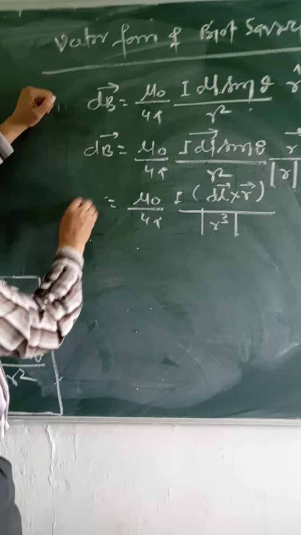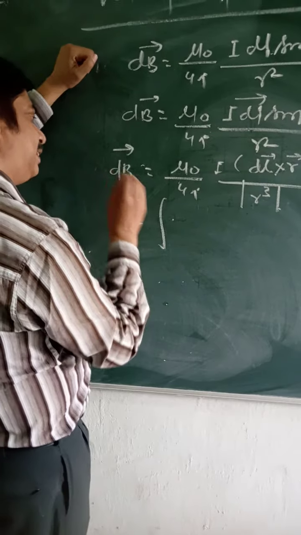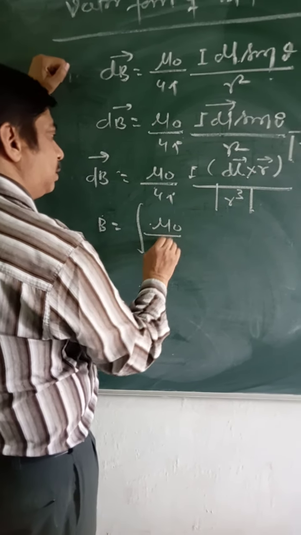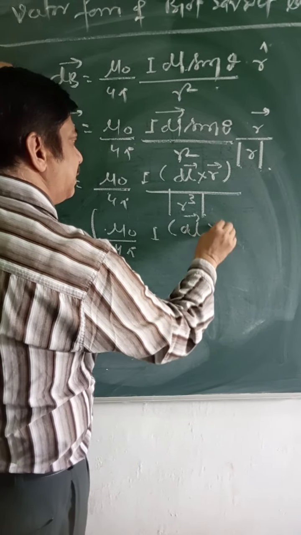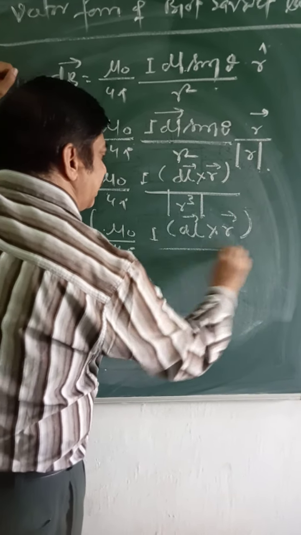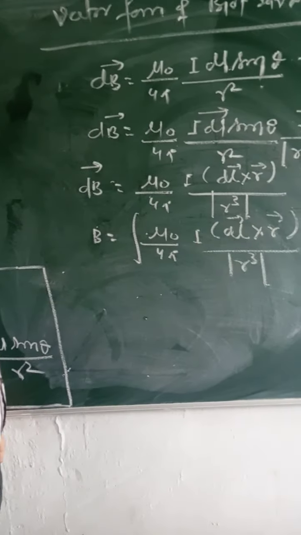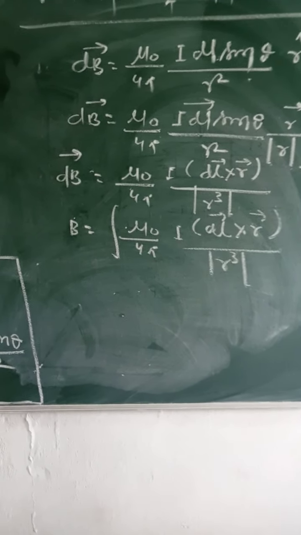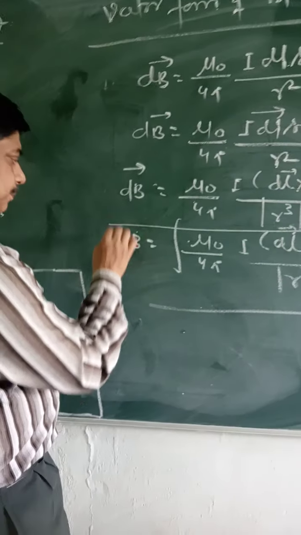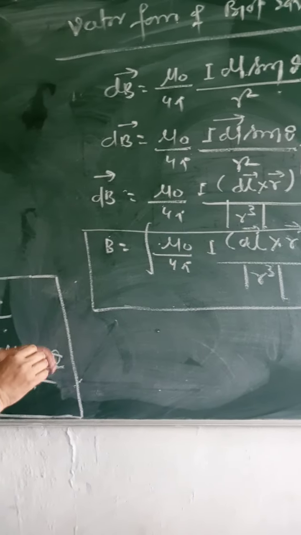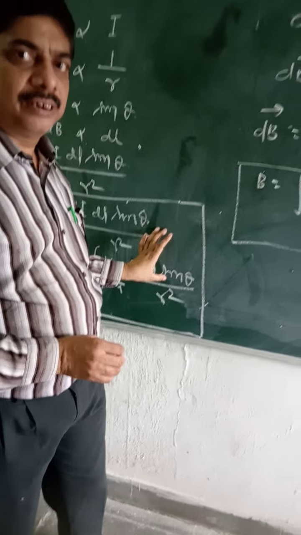So this is dB in vector form, and then B is again the integration of mu 0 upon 4 pi I dl cross r divided by r cube. This is the vector form of the Biot-Savart law, and the earlier one is the scalar form.